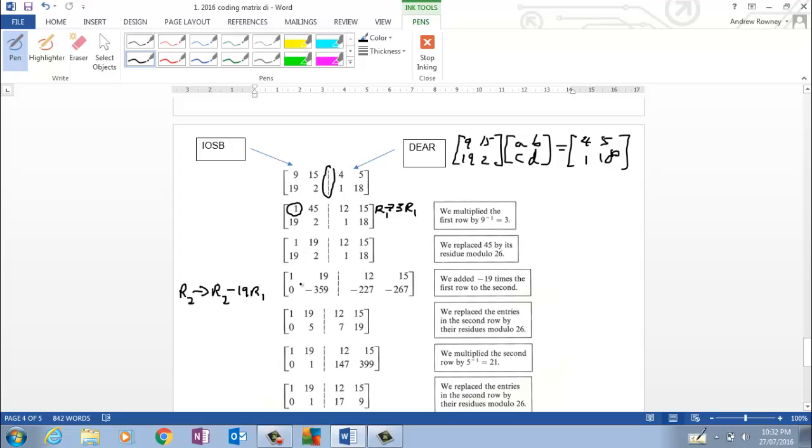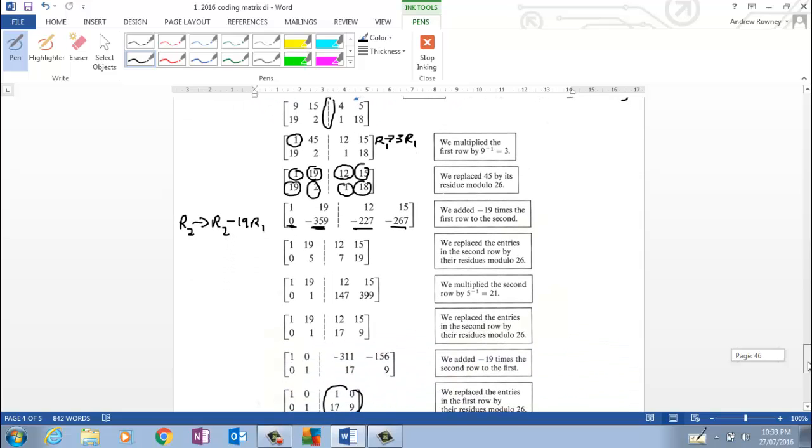So this is 19 take 19 times 1, so that's 0. This is 2 take 19 times 19, which is that value. This is 1 take 19 times 12, which is that. And this is 18 take 19 times 15, which is that. So we've applied that to the whole row of the augmented matrix.